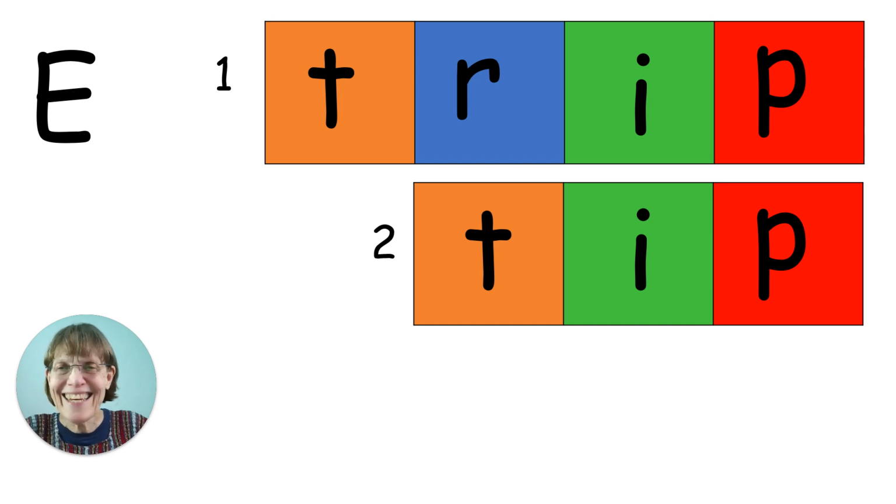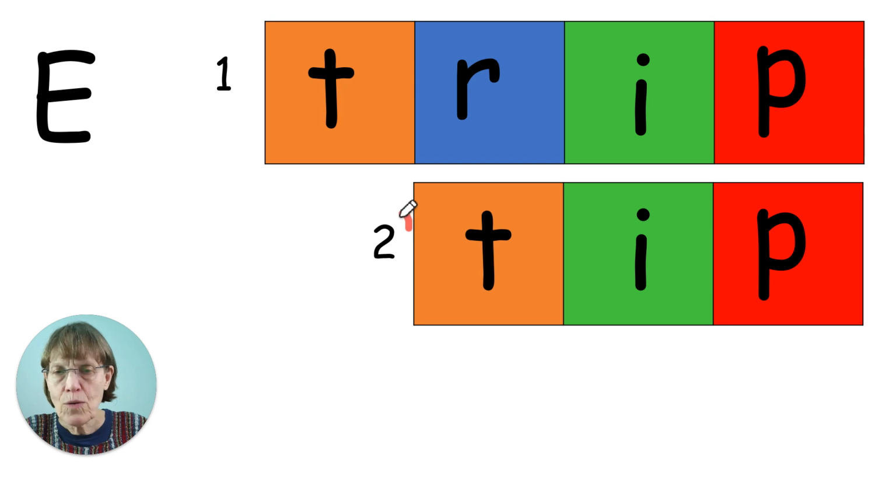When we look at E change, it's kind of similar. The first word has 4 sounds. T, R, I, P. 4 sounds.